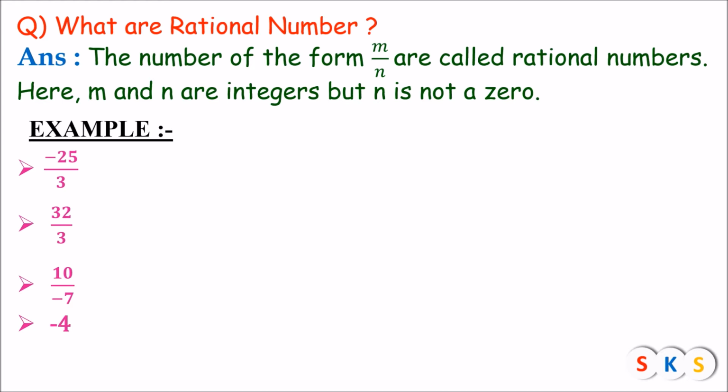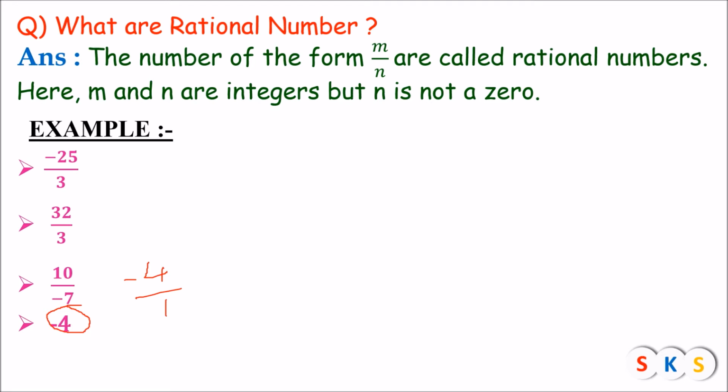Just now I said that a rational number is a fraction. You can see minus 4 is not a fraction, but minus 4 can be written as minus 4 upon 1. If I write minus 4 as minus 4 upon 1, the value of the number will not change.